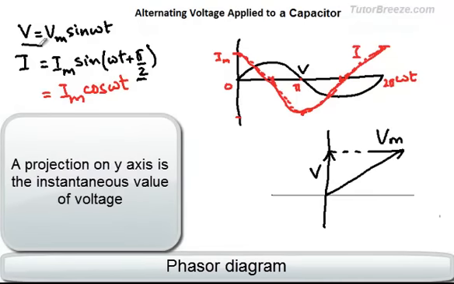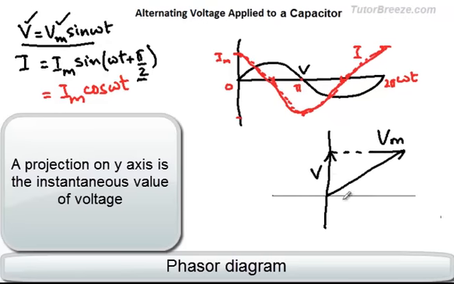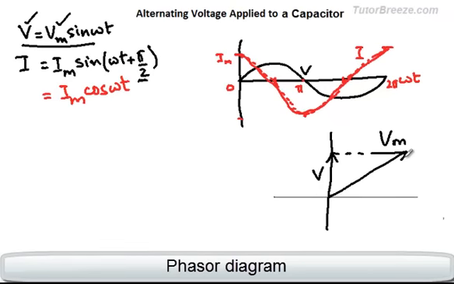V is Vm sine omega t, V is the instantaneous value, and Vm is the amplitude. So the length of the phasor gives us the amplitude, and we are using the amplitudes to show the phase difference between the voltage and the current.